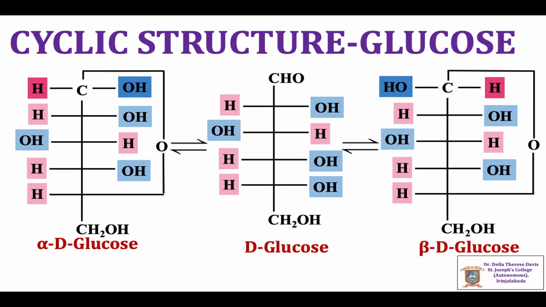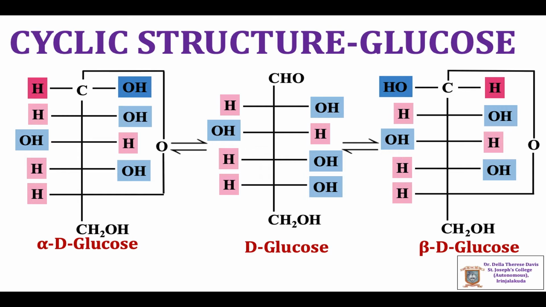The alpha isomer gets converted to beta isomer through the open chain D-glucose. If we take an equilibrium mixture, it contains alpha form, beta form and the open chain form. The proportion of open chain form is very less compared to the alpha form and the beta form.